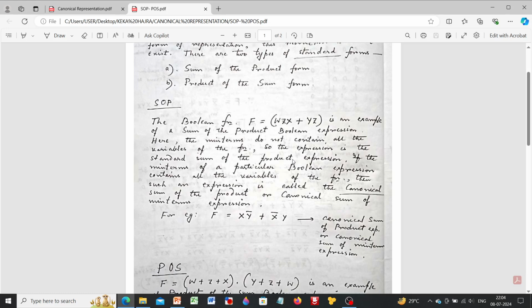What is the difference? In standard SOP form, the minterms do not contain all the variables of the function. So the expression is the standard form of the product expression. If the minterms of a particular Boolean expression contain all the variables of the function, then such an expression is called canonical SOP or canonical sum of minterms form.